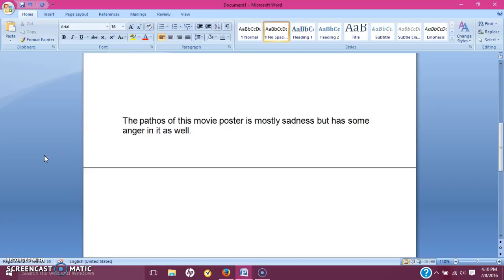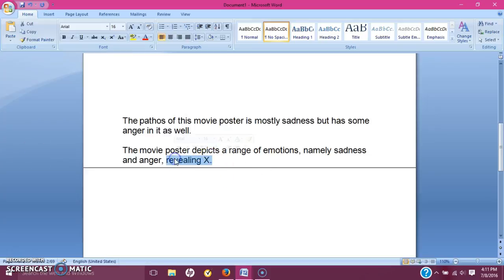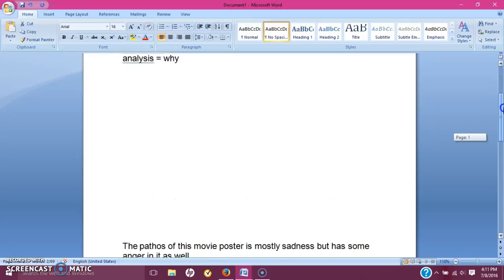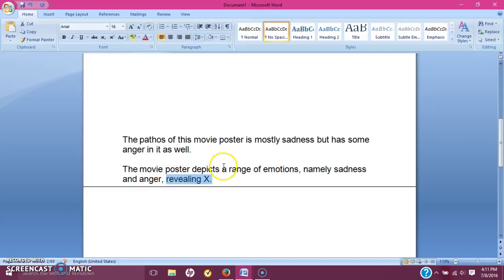So you can use something like: the movie poster depicts a range of emotions, namely sadness and anger, revealing X. This is similar to what we just did up here with showing something, depicting, describing, etc. So the movie poster, or even better, the creator or the producer, whoever created this movie poster, depicts a range of emotions, namely sadness and anger.